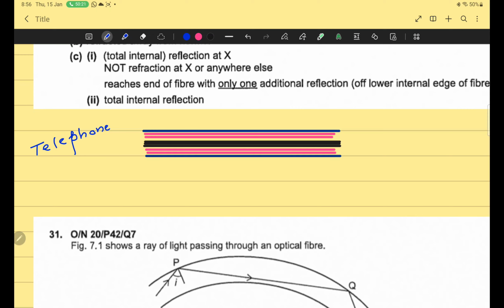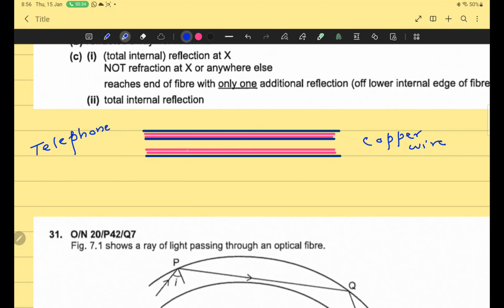But nowadays, these copper wires are replaced by plastic wire or glass wire. This is a wire of plastic or glass which is transparent.